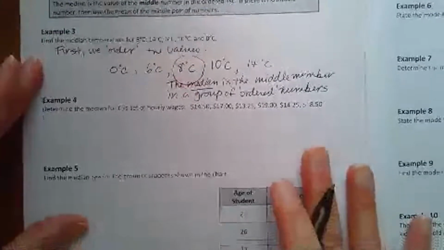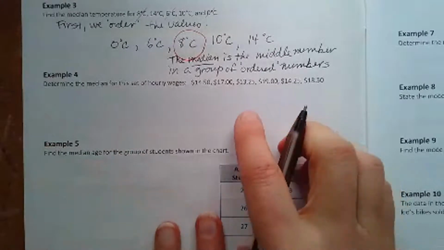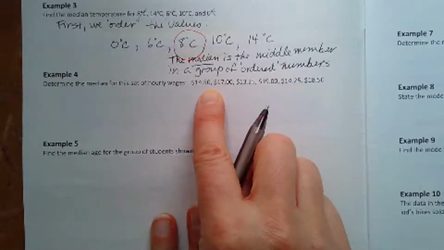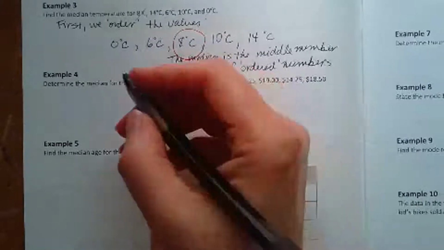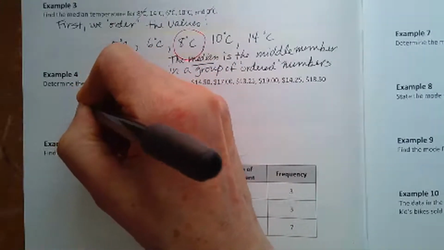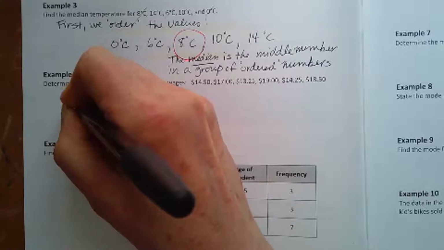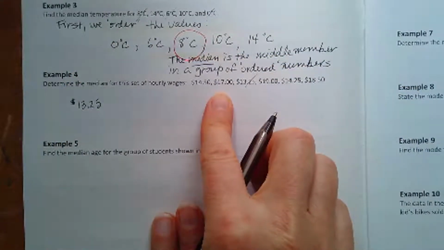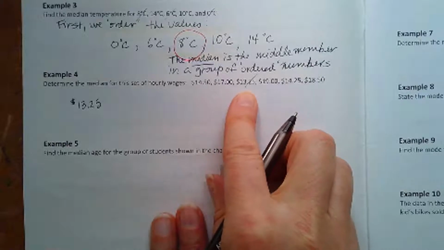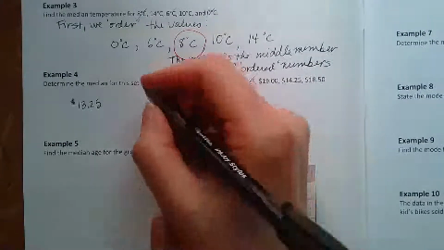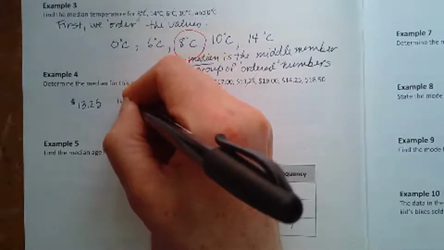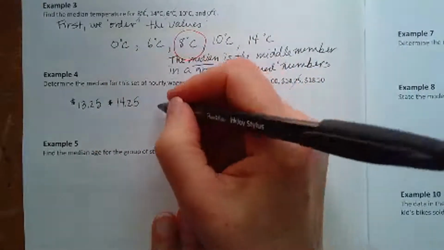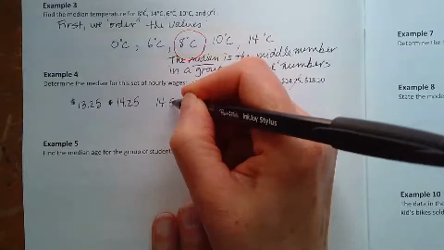All right, let's try this. Find the median for this hourly set of wages. Okay, let's see. Place them in order. The smallest wage would be $13.25. So that's my first value. I just cross them out as I use them so that it makes it easier for me to see what I have left over. And then it would be $14.25, and then $14.50.